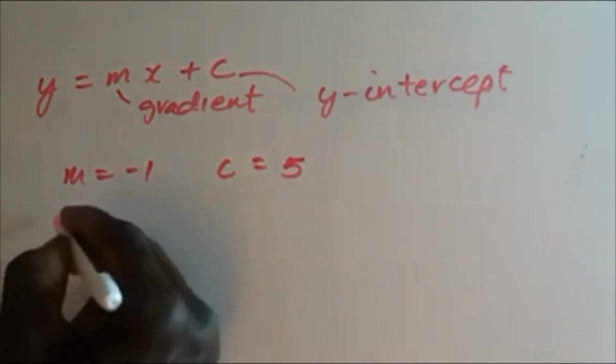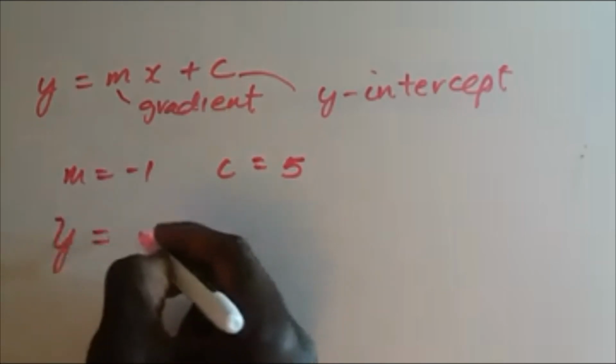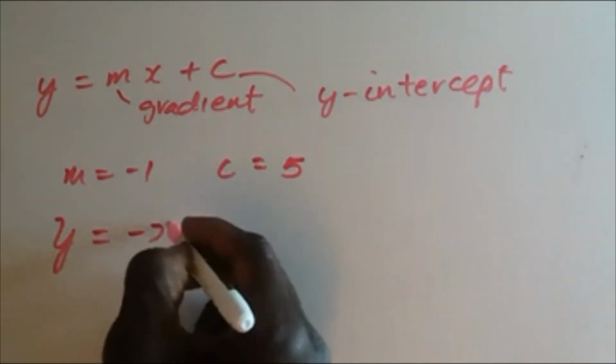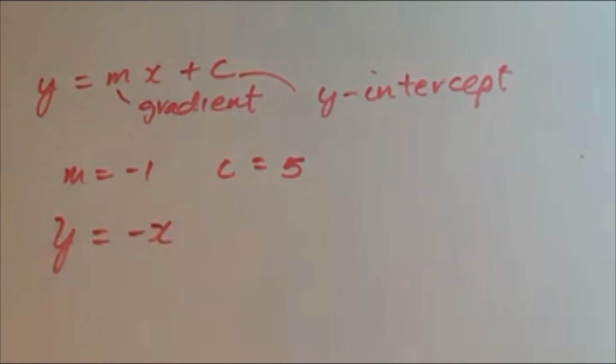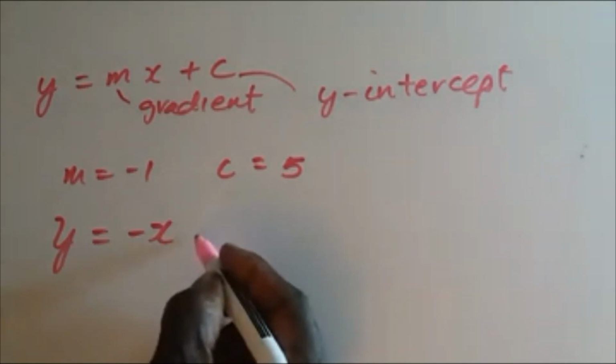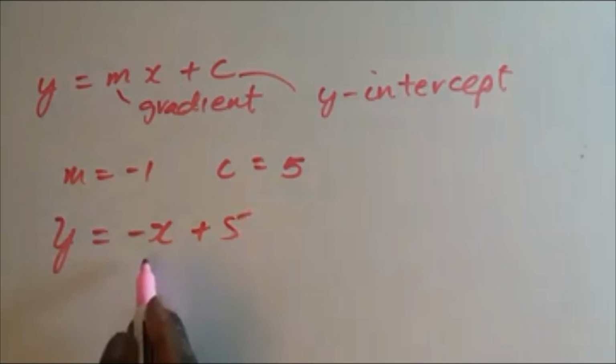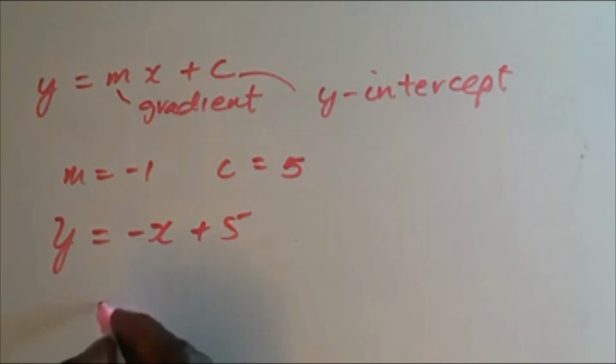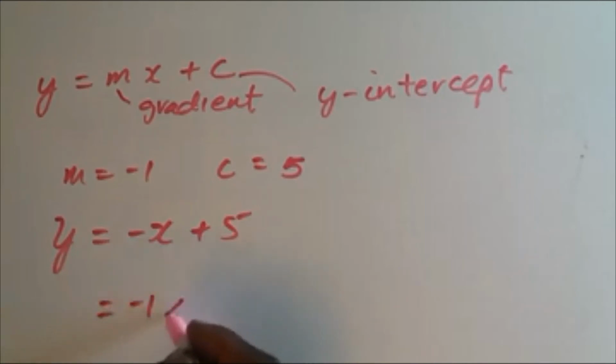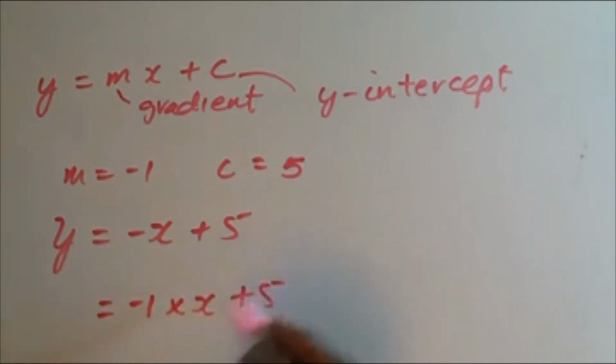We can just write this down, y is equal to minus x, because the coefficient of x now is just minus 1, and add 5. Remember, if you're not too sure why I have minus x, you could write this as minus 1 times x, add 5. Minus 1 times x is minus x.